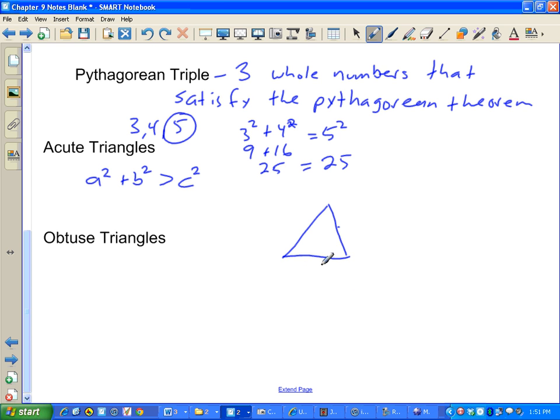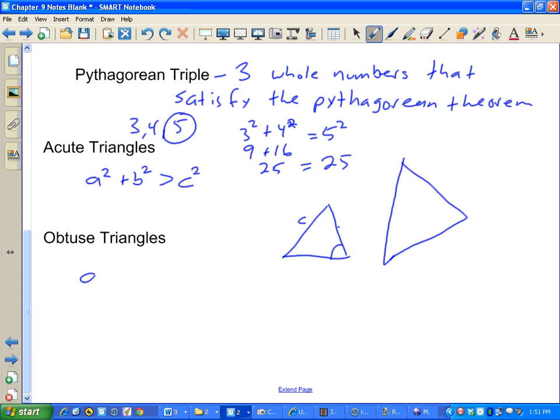Okay, so this would be my long side, right? But it's not very long compared to these two together. So it's not spreading this angle out very much. So I'm going to get an acute triangle because when I square this value, I'm getting something that's smaller than these two things being squared together. So basically, you're going to have some kind of long sides. This is still going to be the longest side, but it's not that much longer than these two together, okay? So that's going to give me an acute triangle.